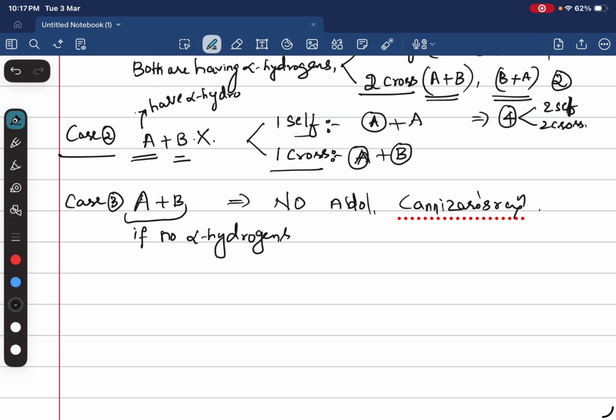Now we are going to discuss the mechanism of the aldol reaction and what exactly the aldol reaction is. Let's start. What is the aldol reaction?